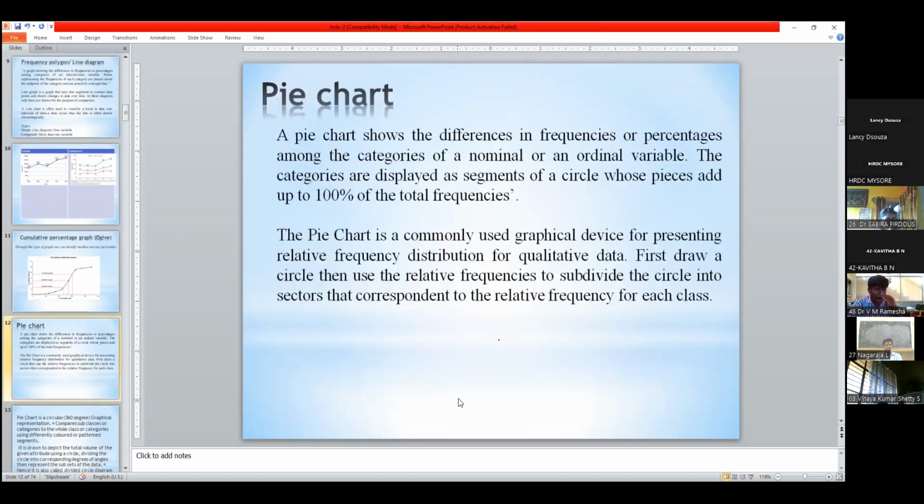Then comes the pie chart. The pie chart is also representative, but as you've seen, it is used for discrete categories, and again for a nominal or ordinal variable. Usually we don't represent mean values in a pie chart. Mean values are not a good way of representing data through a pie chart. For them, we have to use a different graph like a line graph or bar diagram.